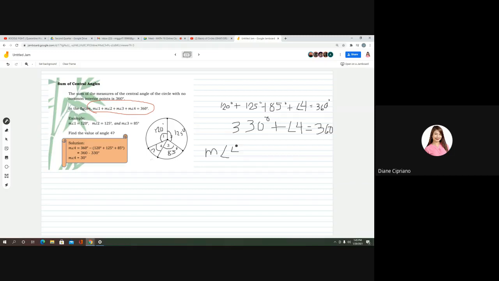So you have your measurement of angle 4 is equal to 360, and the operation now would be minus kasi you do the transposition method. Therefore, the measurement of our angle 4 is 30 degrees.